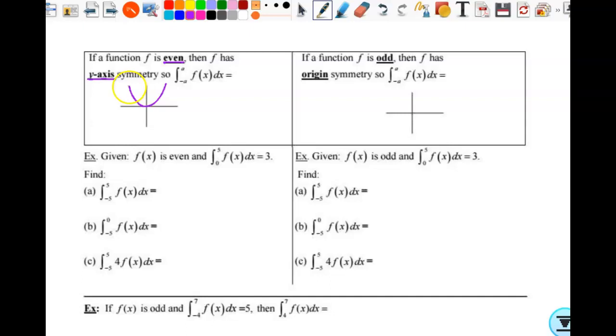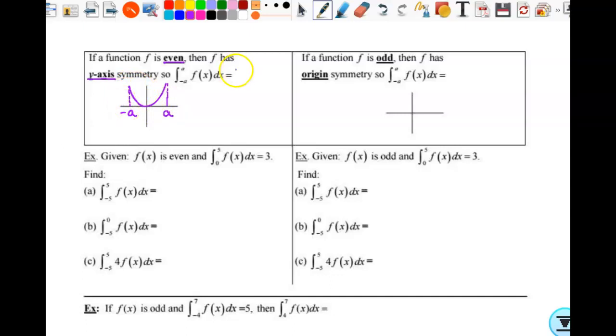Okay, so if I have, let's say this is at negative a, and this is at a, whatever they are, then since it's even, it has that y-axis symmetry, the area under the curve from negative a to a, well, it's symmetric, so I basically just have one of them and I can double it.